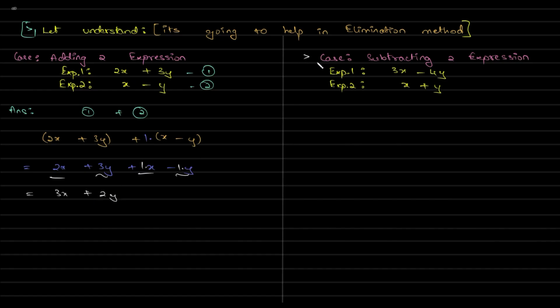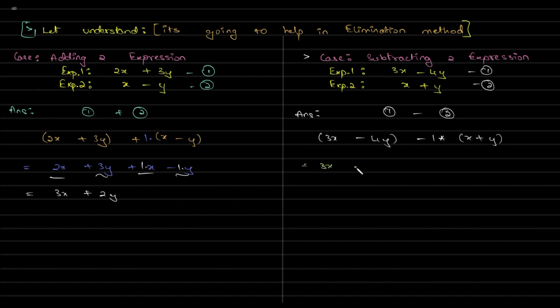Okay. Next we're looking at subtracting two expressions. Here I'll go with expression 1 minus expression 2. So we have 3x minus 4y being subtracted with, that is multiplying minus 1 with, the second expression, is what we have to do.